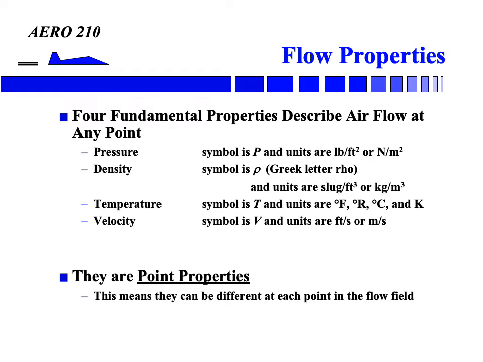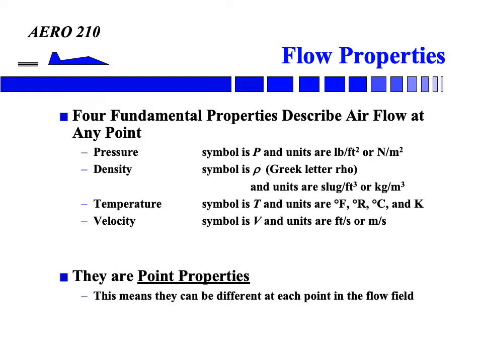Density is given the Greek symbol rho and has units of slugs per cubic foot or kilograms per cubic meter. The density has dimensions of mass per unit volume. Temperature is given the symbol capital T, and has units of degrees Fahrenheit, degrees Rankine, degrees Celsius, or Kelvin.